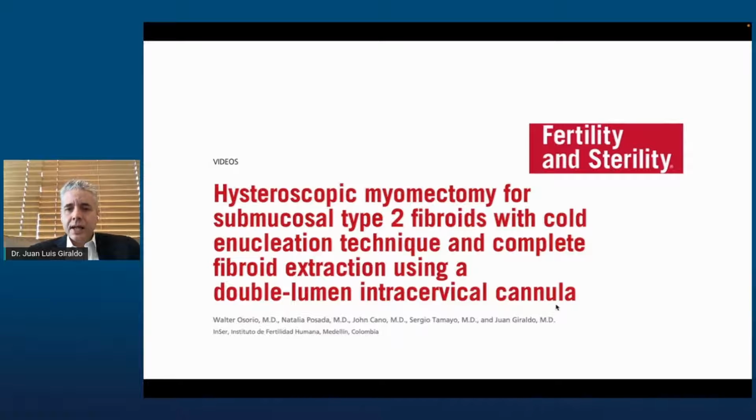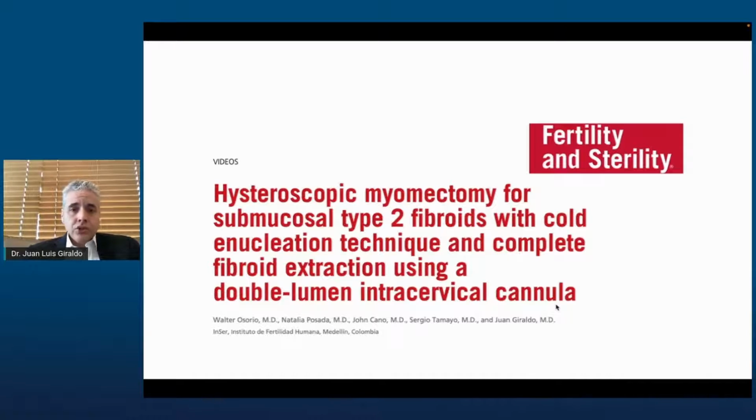lumen intracervical cannula. So what we do is that we go in with a hysteroscope, we enucleate the fibroid with the hysteroscope, then we dilate the cervix, and we use a double lumen intracervical cannula that we developed that allows us to place in the diagnostic hysteroscope, and also it allows us to place in the endometrial cavity at the same time a laparoscopic tenaculum that can grab the enucleated fibroid and extract it completely without leaving any fibroid in the intramural or the myometrial wall.